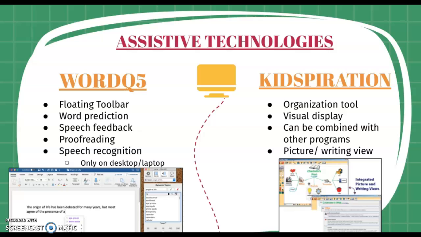So when they are doing the assignments, some assistive technologies that I researched that students would be able to use are WordQ5 and Kidspiration. So again, students could use either of these or both at any different center. So, some benefits of WordQ5.